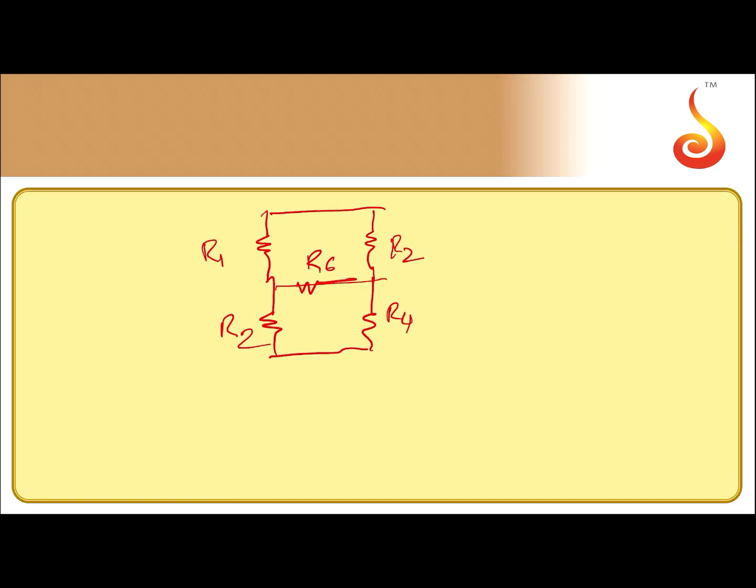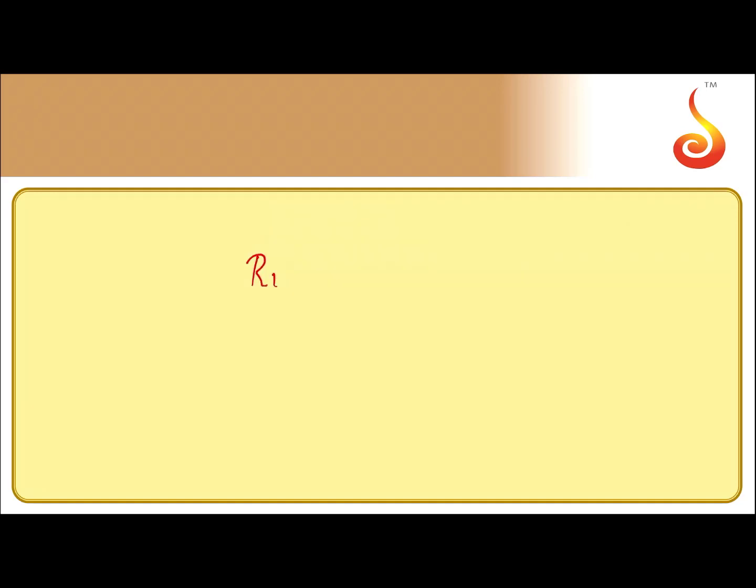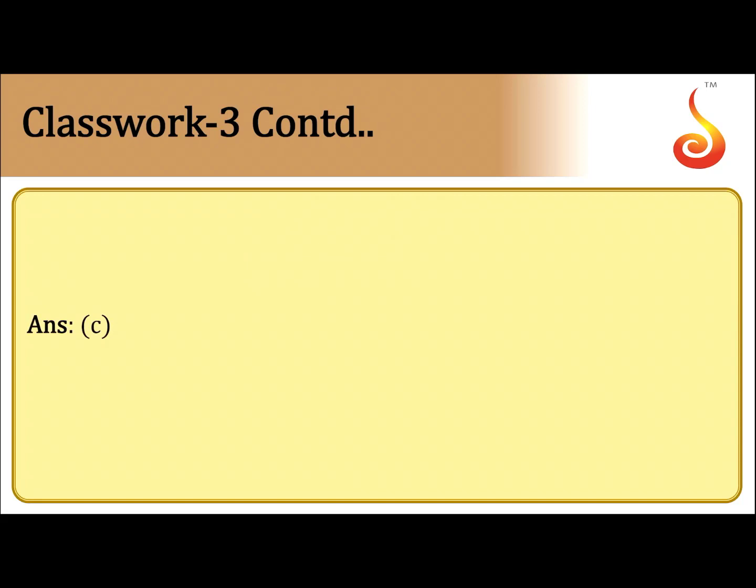So, if this is independent of R6, it simply implies that it is a balanced Wheatstone's network. If it is a balanced Wheatstone's network, we have R1 by R2 is equal to R3 divided by R4, or R1 R4 is equal to R2 R3. So, which is our correct choice?